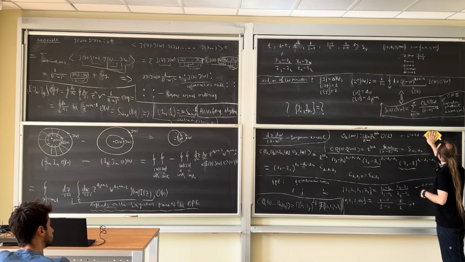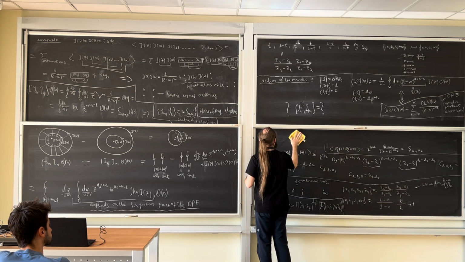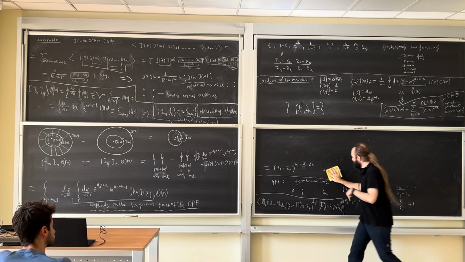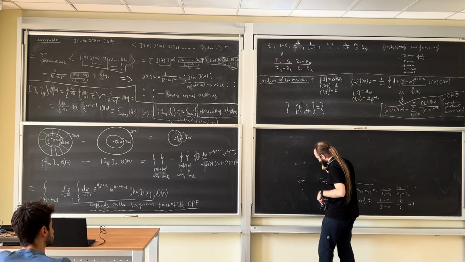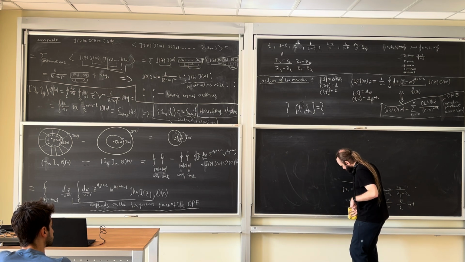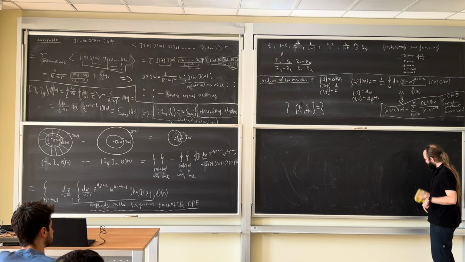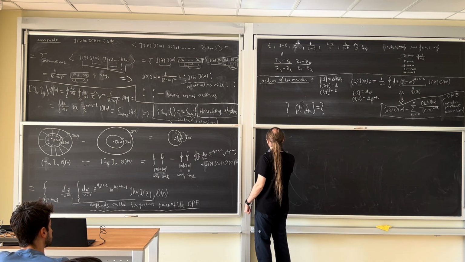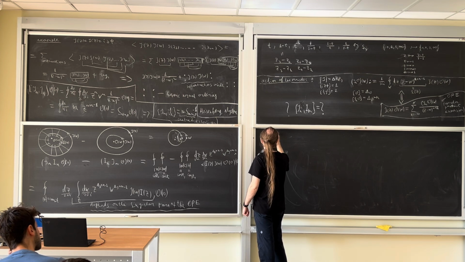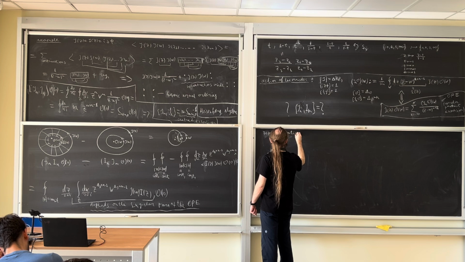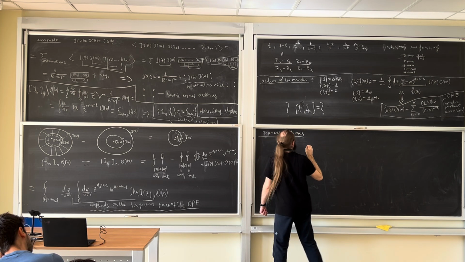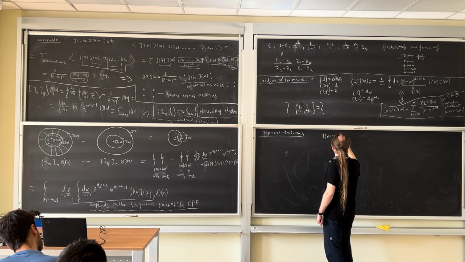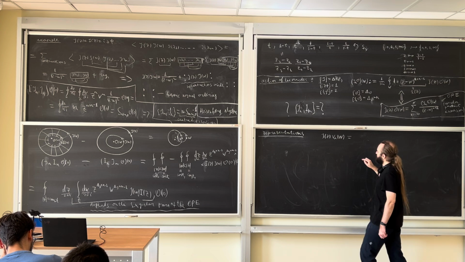Namely, let us remember what is the OPE of J of z with some V_alpha of w. So who remembers this?